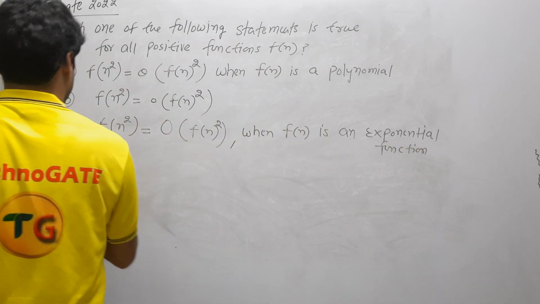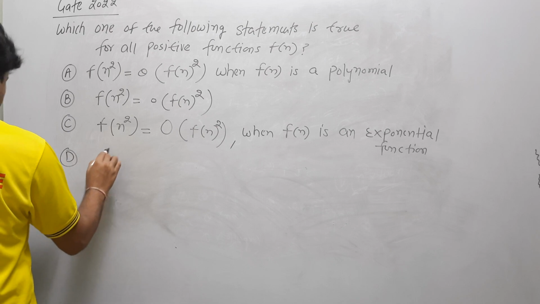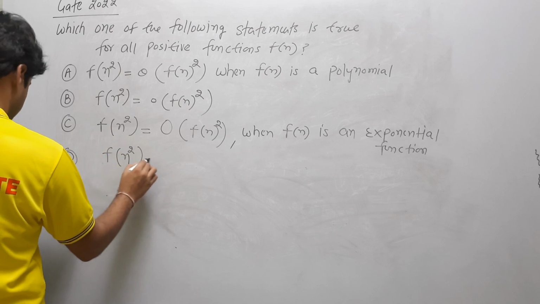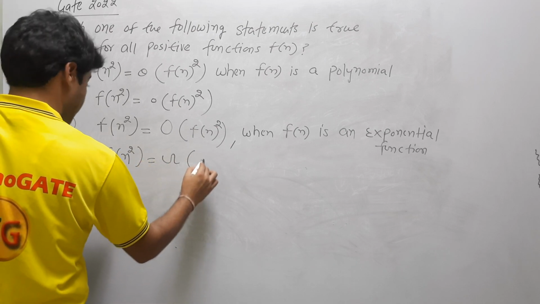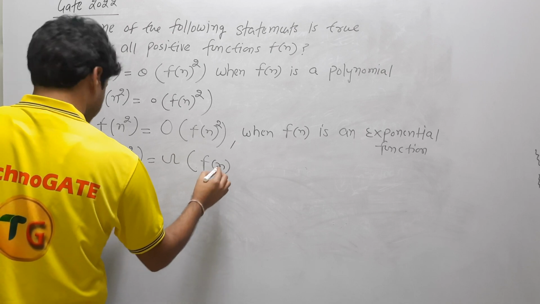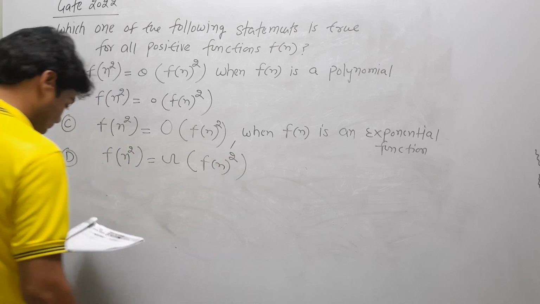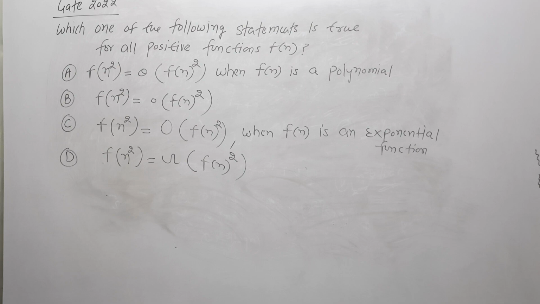And D is f of n square is omega of this one. Let's check one by one.